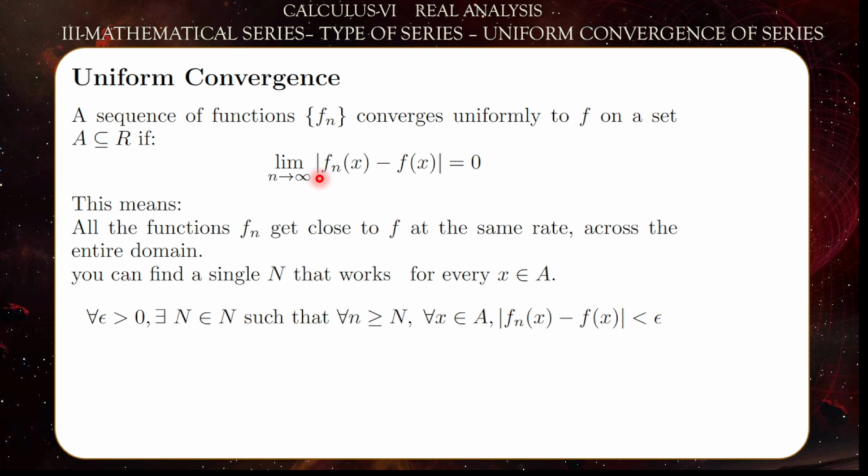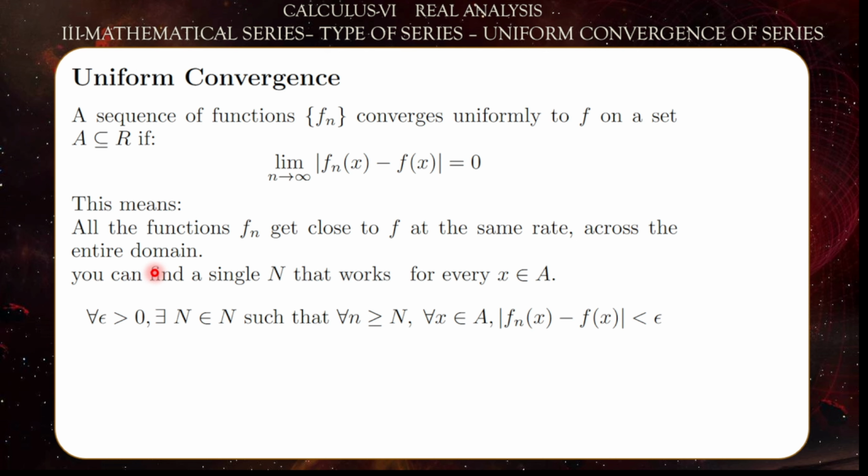So when the limit of the absolute difference between fn(x) and f(x), the value of the function at a specific x, or over a domain of x, approaches 0 as n approaches infinity, this means all the functions fn get close to f at the same rate across an entire domain, not over one particular pointwise value.